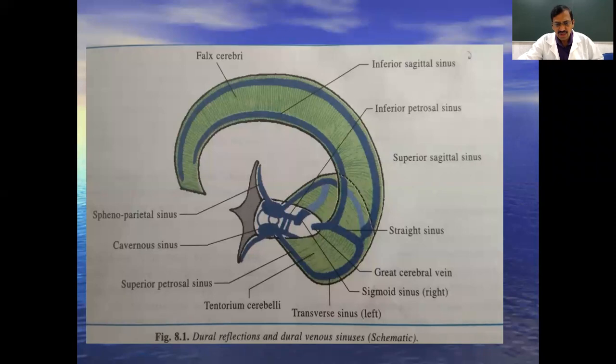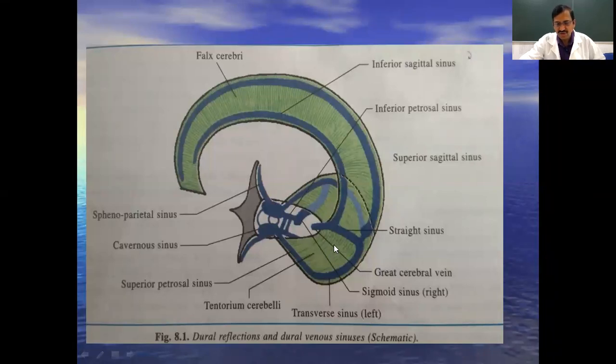Another fold is the tentorium cerebelli. The falx cerebri is a sickle shaped fold, but the tentorium cerebelli is a tent-like fold of dura mater. That is why it is called tentorium cerebelli.